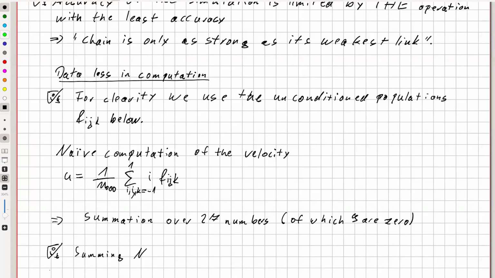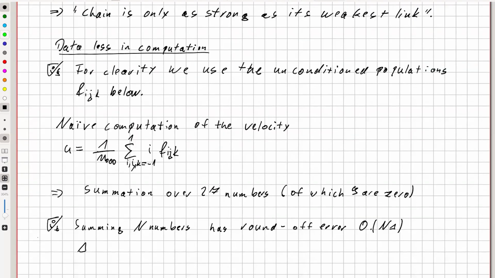So say summing n numbers has round-off error O of, say, n delta, with delta being the value of the least significant bit.